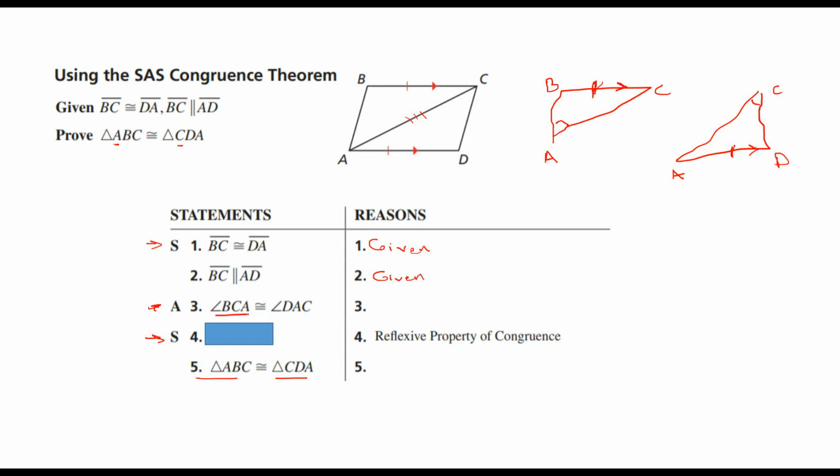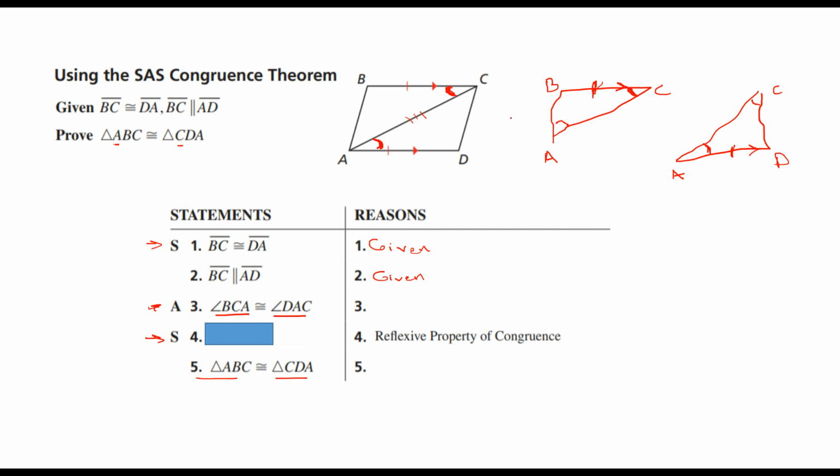Next, how do I know that this angle is congruent with this one? So BCA, I'm talking about this corner here. I'll go ahead and mark it with a single arc. How do I know that BCA is congruent with DAC, which is this one? Remember, three-letter naming means the middle letter is the important one. And here on this one, BCA, I'm marking here and here.